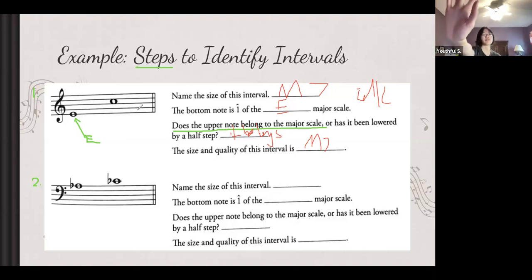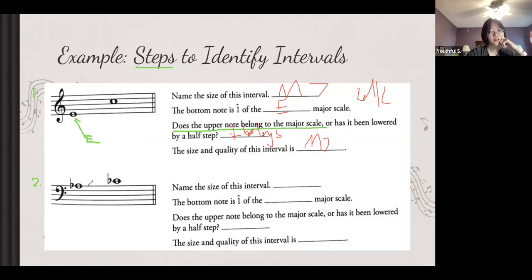So I want you to count the size again. I guess I'll do the second one as an example then. Meanwhile, Ethan, I want you to count the size of your interval one more time. Be careful.